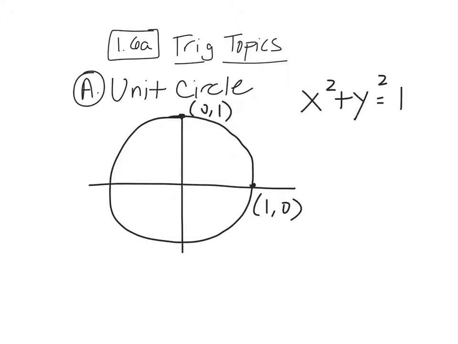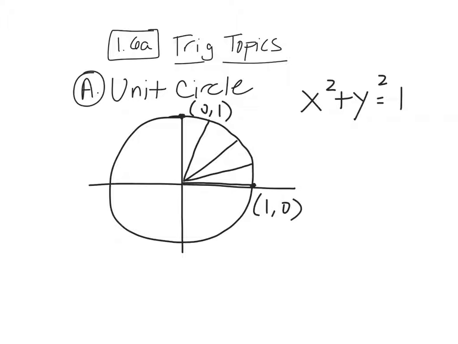And if you go to certain angles from the x-axis on the unit circle, we have some very special angles. We have that one, and that one, and that one. These angles come from when you learned in geometry the 30, 60, 90 and 45, 45, 90 right triangles.